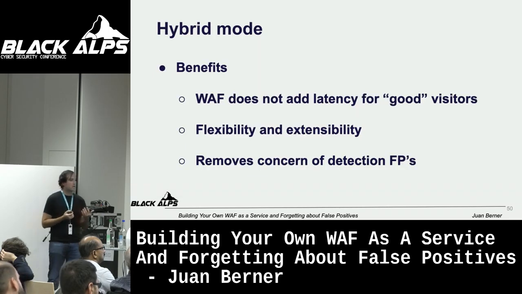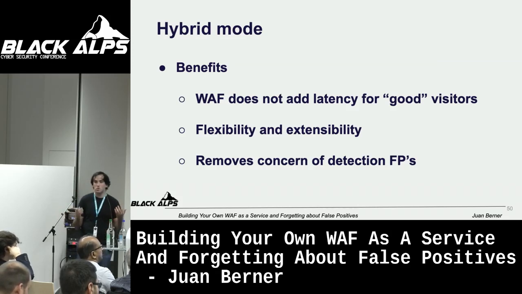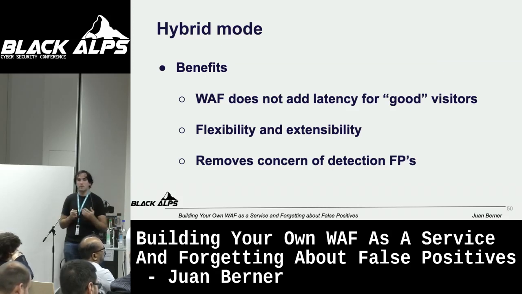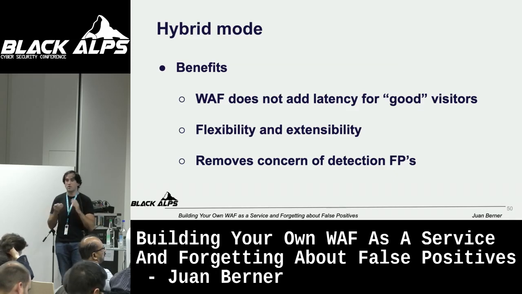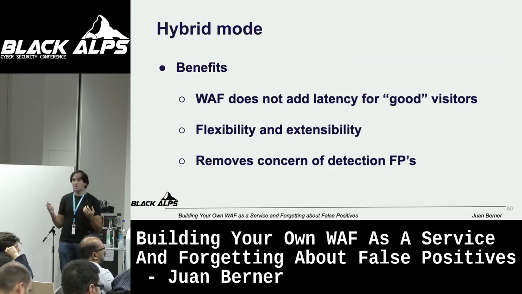So this is pretty much the hybrid mode. It has the benefit of not adding latency to good visitors, since every time there's a request, it checks: is this a request which I think is malicious? If it's not malicious, it's not going to add latency. Then you have flexibility and extensibility, which is great, because you don't have to start thinking about having several different security components.